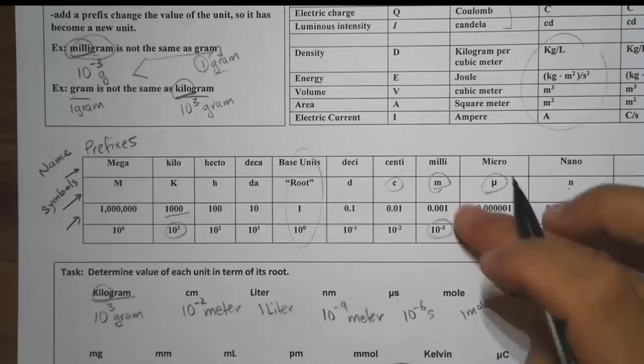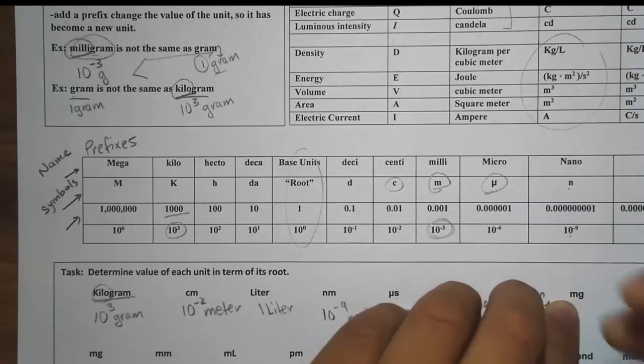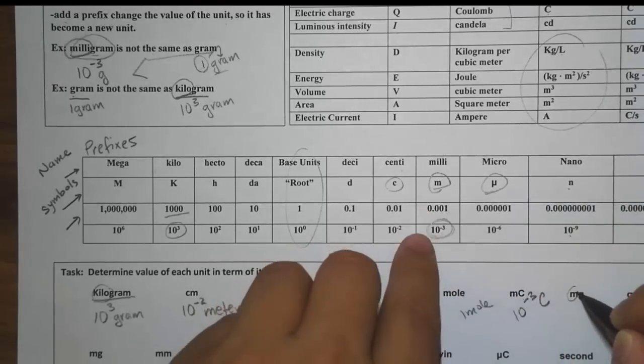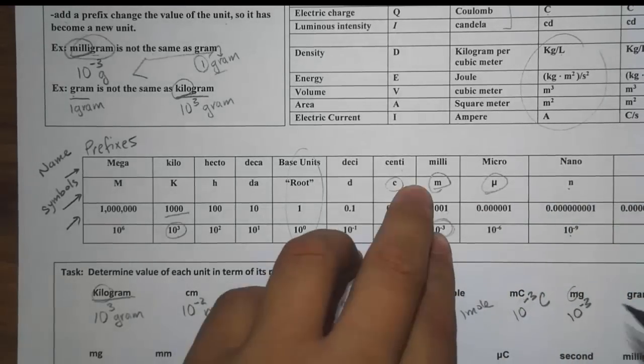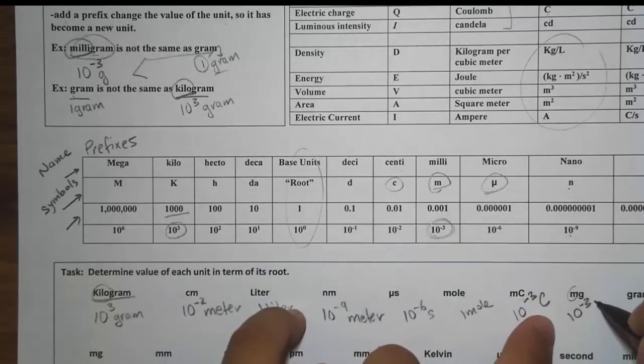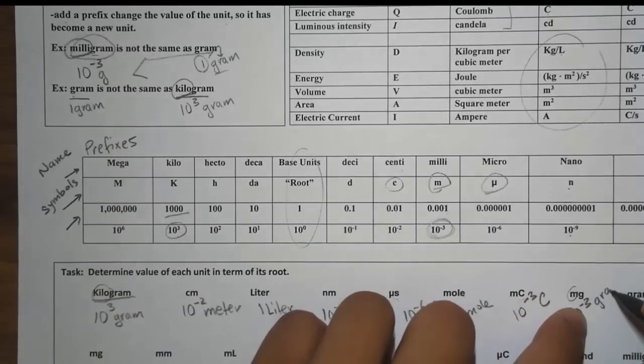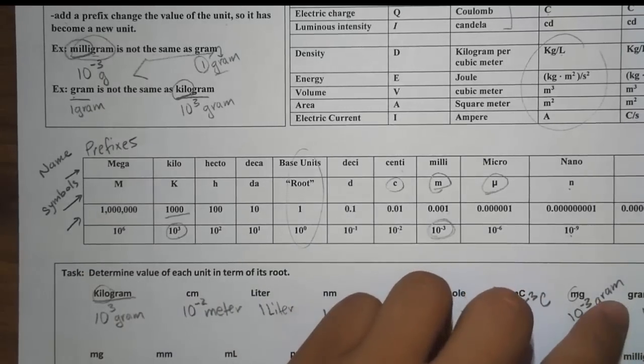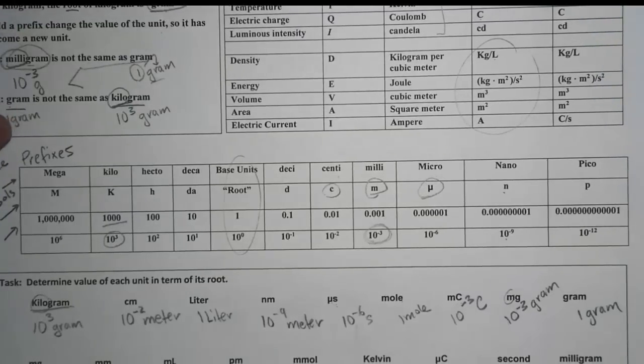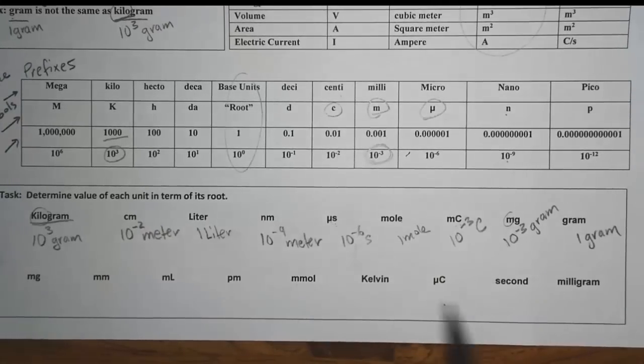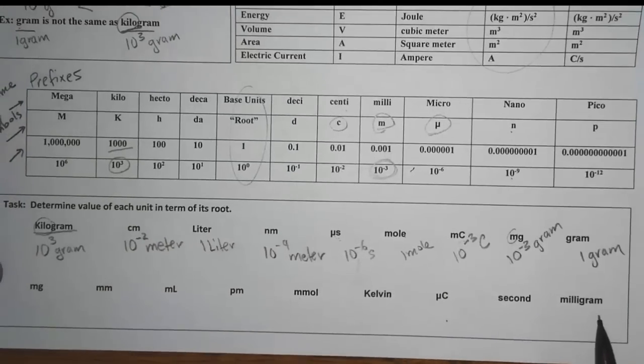Again, m is for milli, and what does g stand for? Gram. So we have 10 to the negative 3 gram. Then gram by itself would just be 1 gram. And that's it. So go ahead and do this by yourself, and then check your answer.